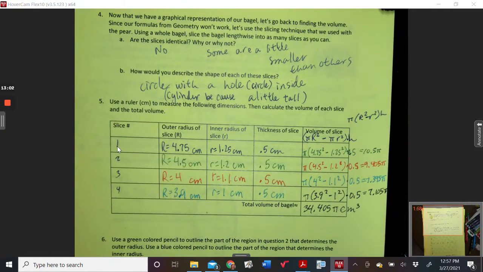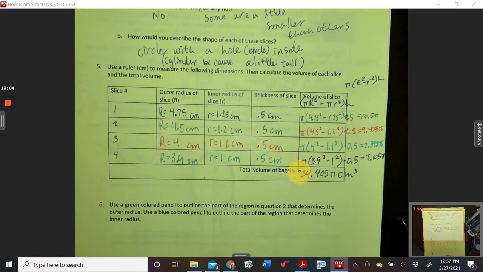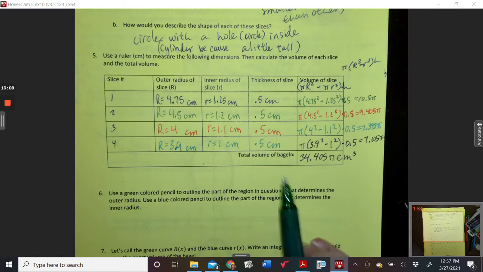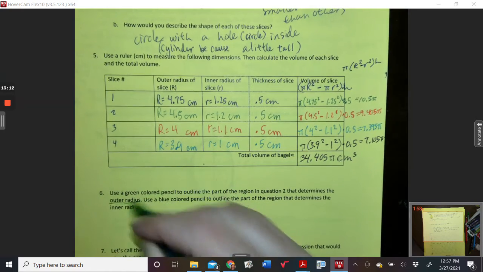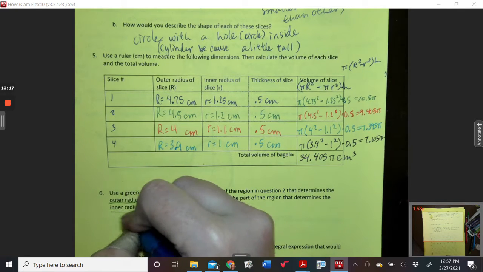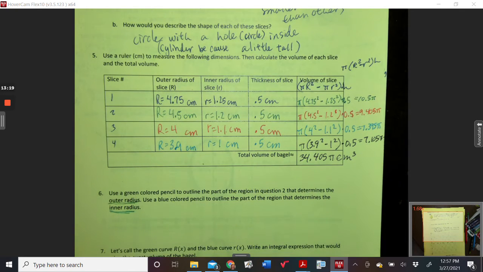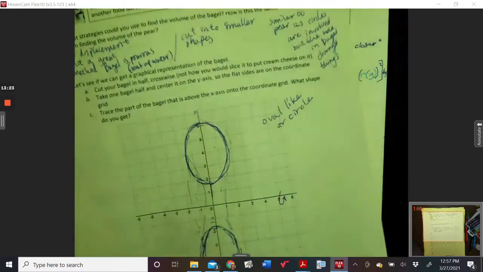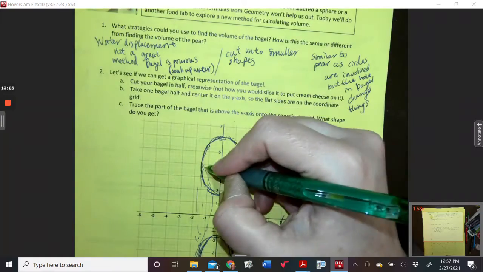Number 6, excuse me. Use a green colored pencil to outline the region that determines the outer radius. I'll use my green pen. So outer radius, we want to mark in green, and inner radius, we're going to mark in blue. Those colors are really close, so let's go back here. We're going to look at this, ignoring this.